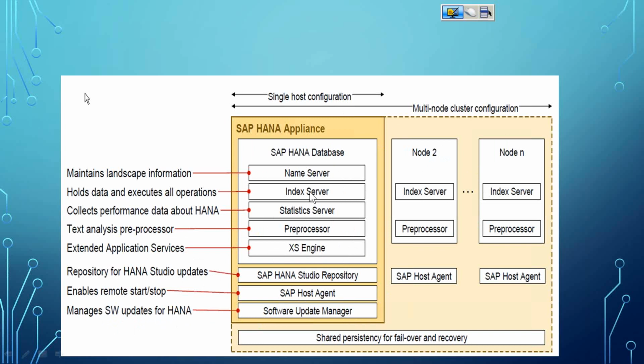So the main thing is, for the storage of the data, our index server is a core which will be stored on multiple servers, right? So if any node fails, then automatically the standby node will come into the picture. So we can have multi-node configuration also, or we can have single node configuration of your SAP HANA.